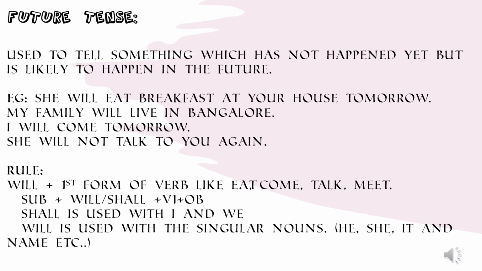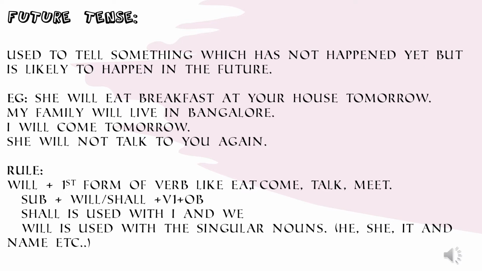The use of shall with the first person is rather considered outdated, but shall is used with the first person I and we. If talking about a strong determination or commands, we should use shall.